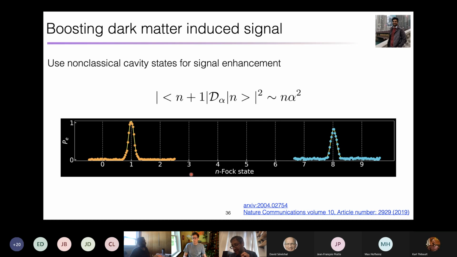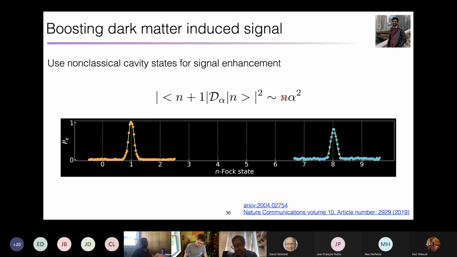But if you already have photons in our storage cavity or our transducer cavity, you actually enhance that by stimulated emission. For a weak process, you get a factor of n, just like a laser, basically.